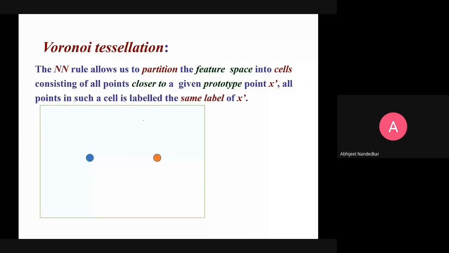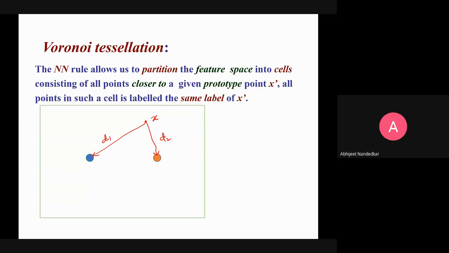Now suppose I have a test sample here, say x. If I'm implementing the nearest neighbor rule, then I will find this distance d1 and this distance d2.